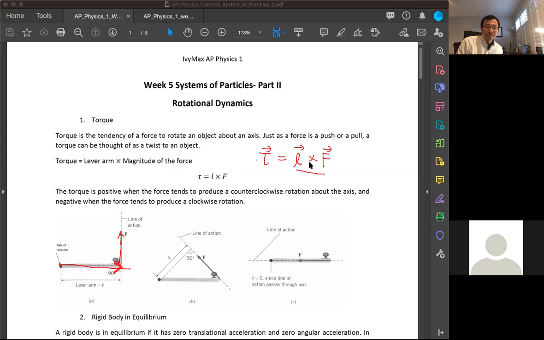So in this situation, L goes to the right and your force goes up, right? You curl your fingers 90 degrees in this way, and your thumb points out of the page. So your torque is pointing this way.